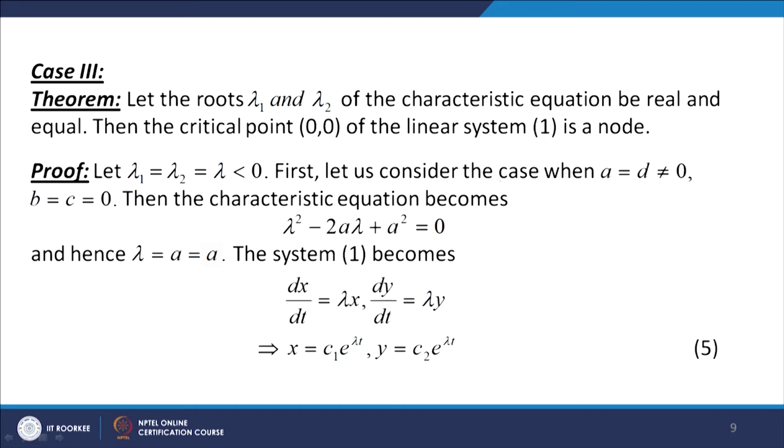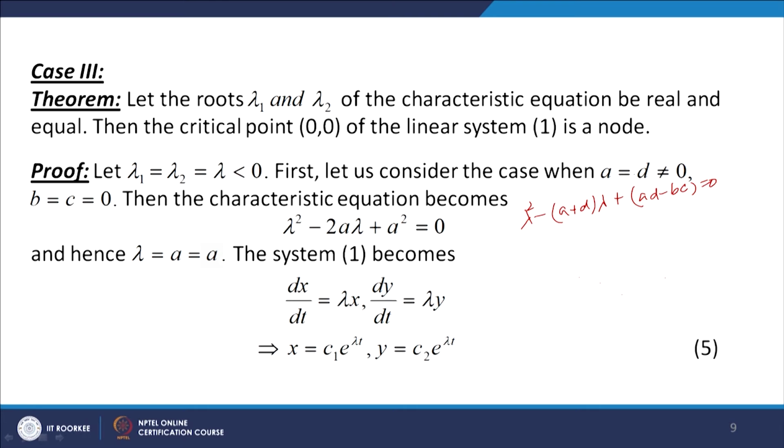So, first let us consider the case when a equal to d. Now, let us look at the characteristic equation. The characteristic equation is lambda square minus a plus d into lambda plus ad minus bc equal to 0. For equal roots, we must have b square equal to 4ac, of a quadratic equation. So, that we can achieve in this case.